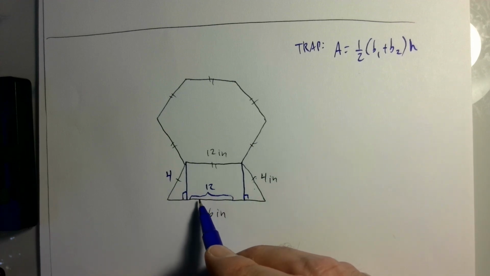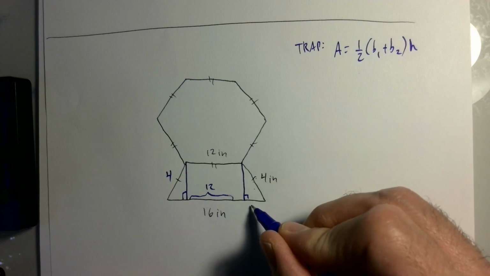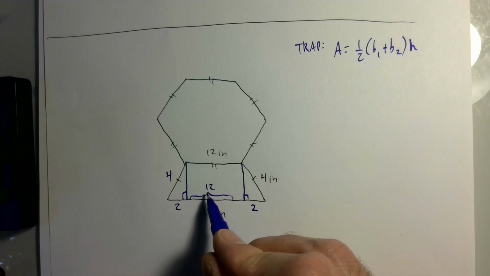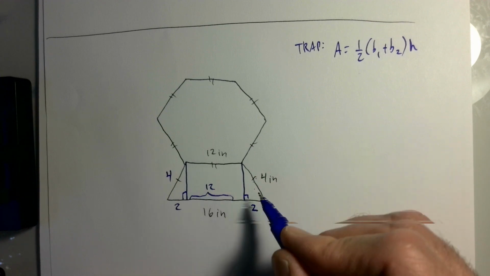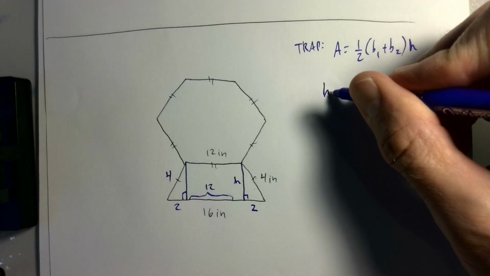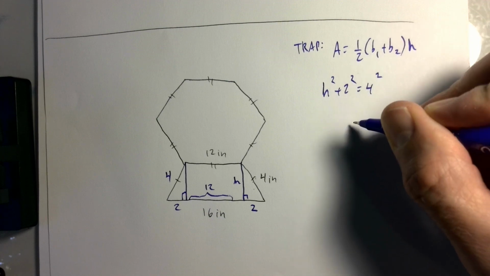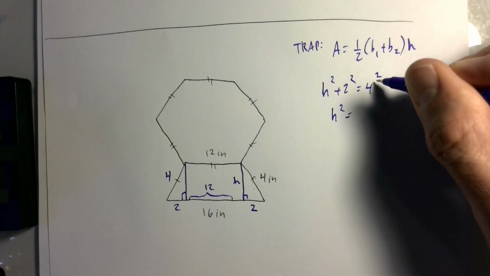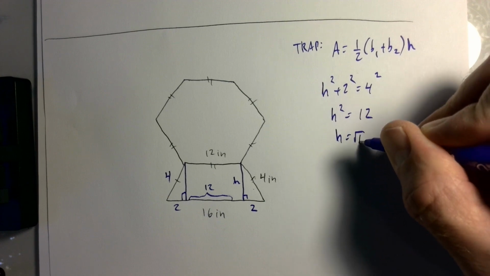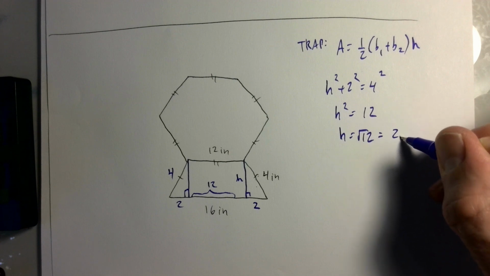And if I've used up 12 of this 16, I have 2 left over on each part. 2 plus 12 plus 2 is 16. If I'm looking for that height, I can use Pythagorean theorem. So h squared plus 2 squared equals 4 squared. 16 minus 4 is 12. Okay, so square root of 12, if we reduce that, it's going to be 2 square root 3.